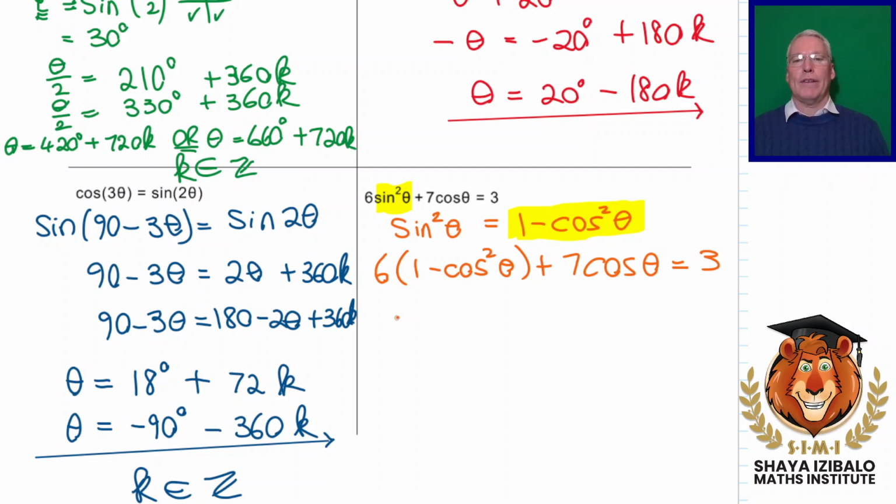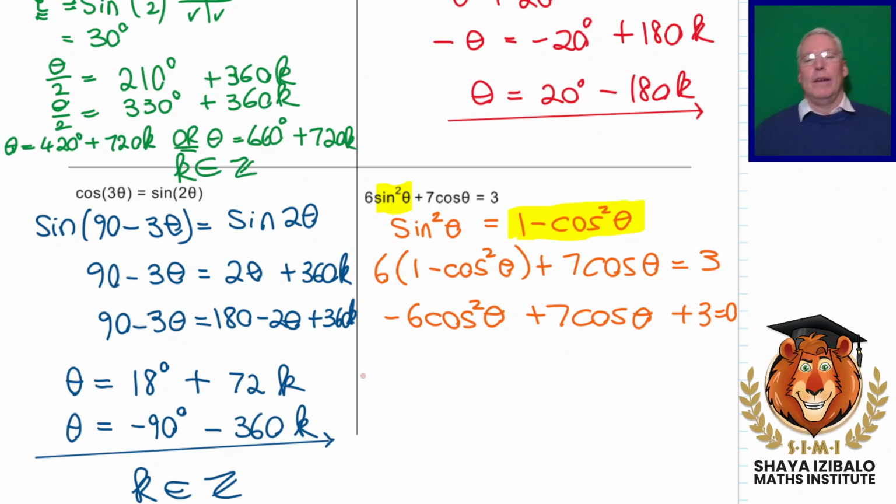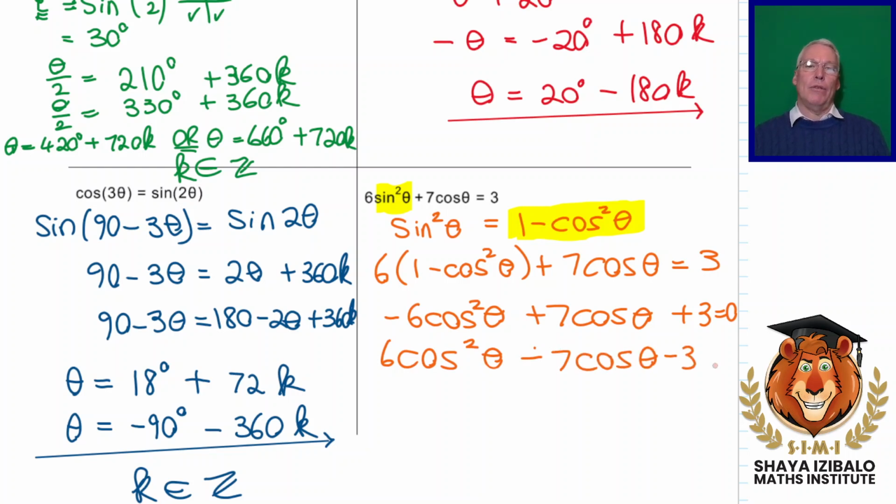Right, it requires a little bit of tidying up. We're going to get negative 6 cos squared theta plus 7 cos theta. We've got a minus 3 and a plus 6. It's actually going to be plus 3 equals 0. Let's divide everything through by negative 1. That's going to give us 6 cos squared theta minus 7 cos theta minus 3 equals 0.